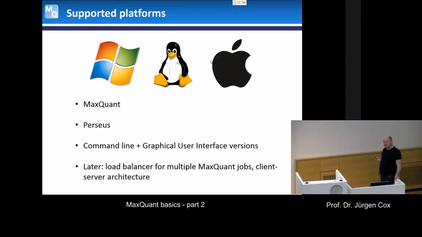We use C# as a programming language, which as you know was developed by Microsoft and is by itself not really platform independent. However, there are ways to make it run on Linux and Mac, and one way of doing it is going through the Mono framework, and that is the way that we chose. Mono is an alternative to the .NET framework, which runs on all of the platforms.